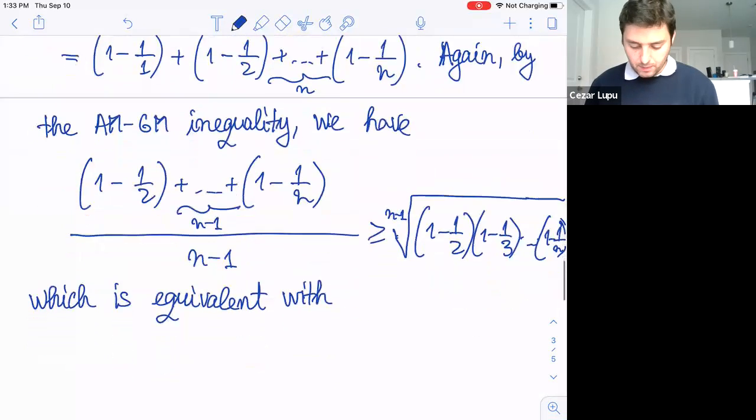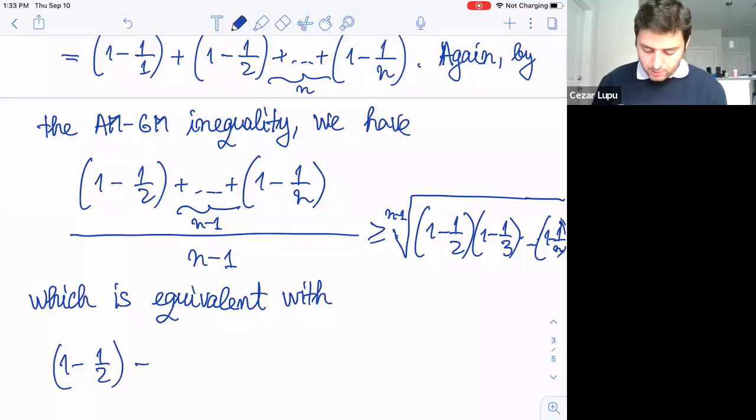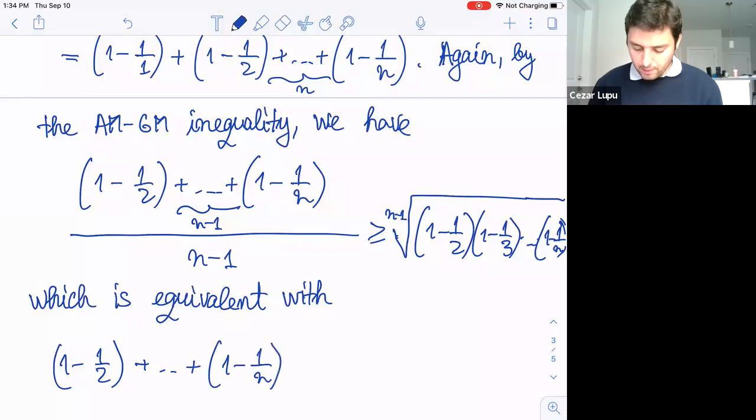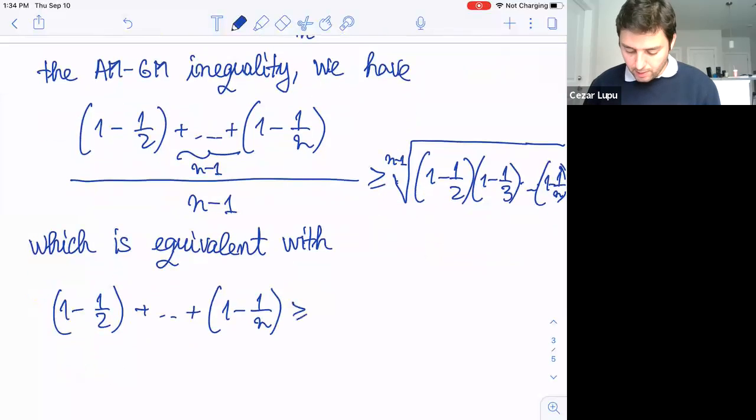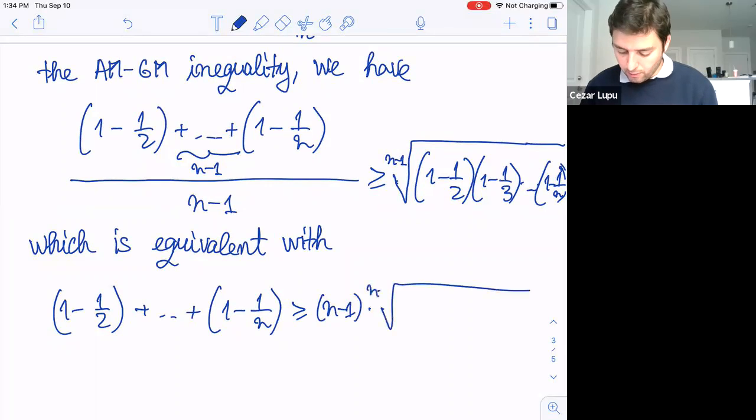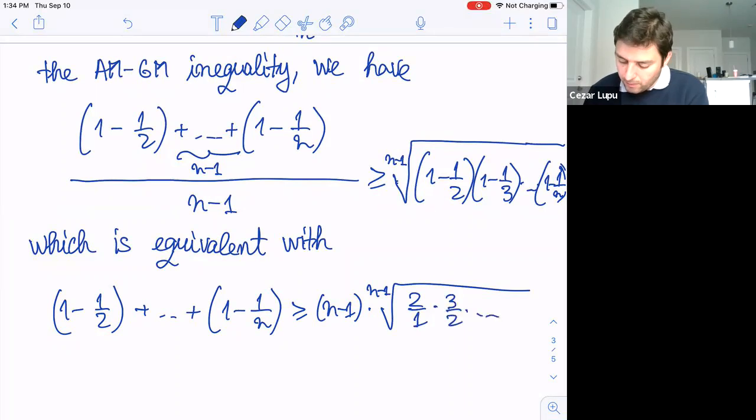With this guy, 1 minus 1 half plus, up to 1 minus 1 over n, is greater or equal than n minus 1 times the n minus 1 root of this product here, which is basically the same: 2 over 1 times 3 over 2 times all the way to n minus 1 over n.